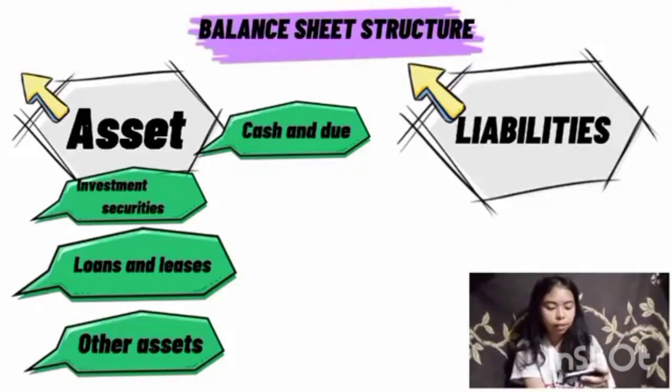Next is the investment securities. Investment securities consist of federal funds sold, repurchase agreements, U.S. Treasury and agency securities, and mortgage-backed securities and other debt and equity securities.